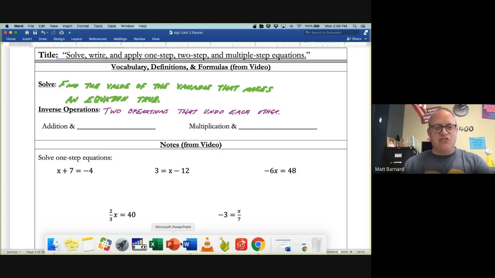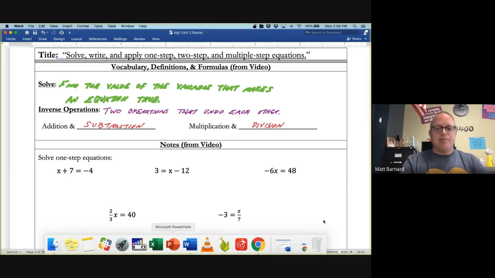Inverse operations, two operations that undo each other. The two that we're going to use are addition and its inverse of subtraction, meaning addition and subtraction undo one another, and multiplication and division do the same thing. They undo each other as well, and they are inverse operations.